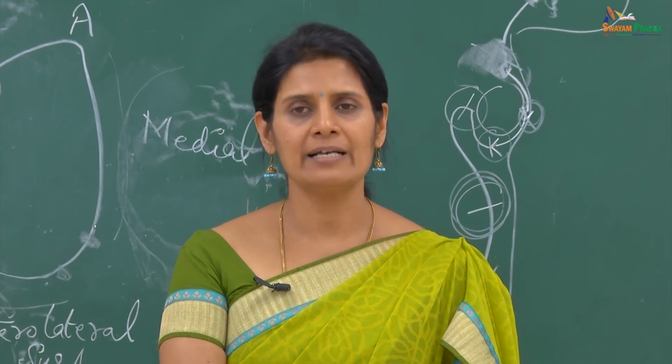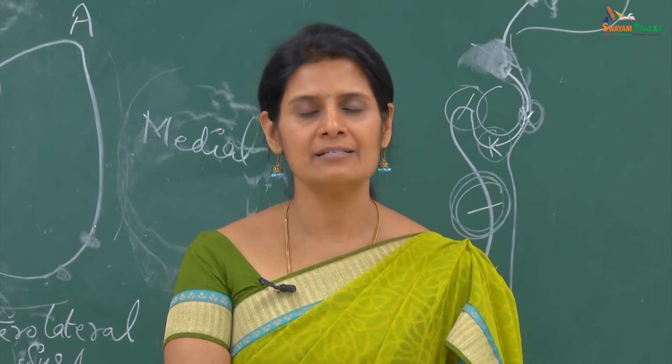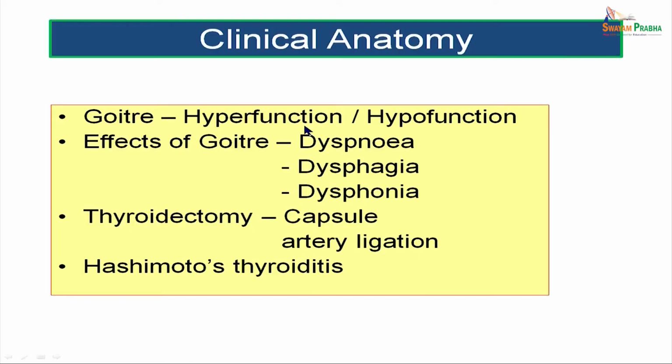Enlargement of the thyroid gland due to its size itself can result in certain signs and symptoms. We told you earlier that the thyroid gland is going to enlarge posteriorly because the fascia, that is the capsule, is thinner posteriorly. So, it is going to enlarge posteriorly when compared to the anterior aspect. When it enlarges posteriorly, it is going to compress the structures present on the posterior aspect, giving rise to these features.